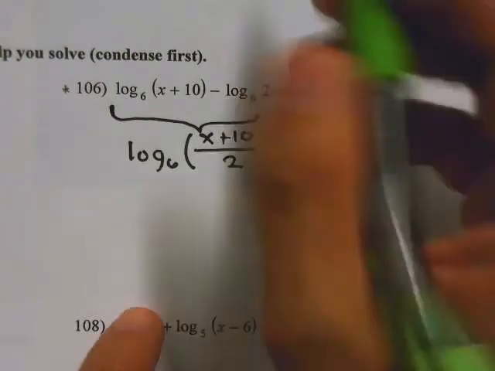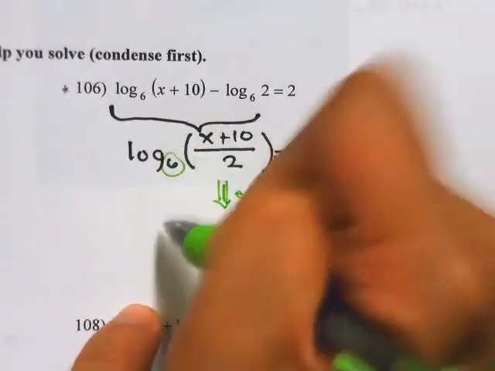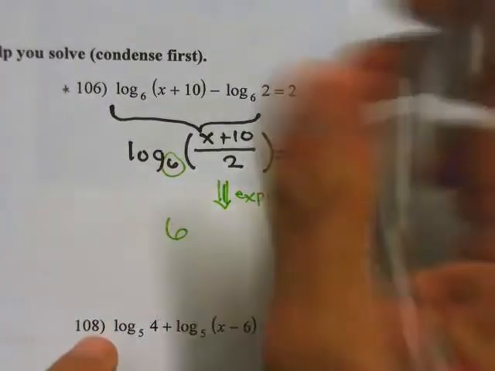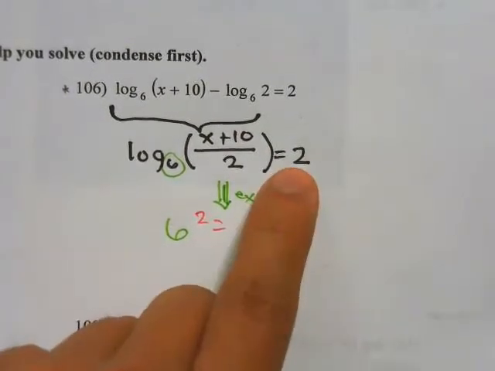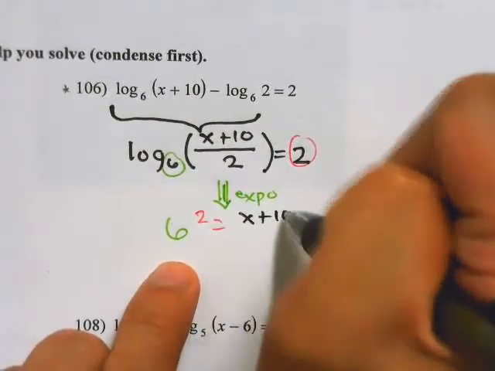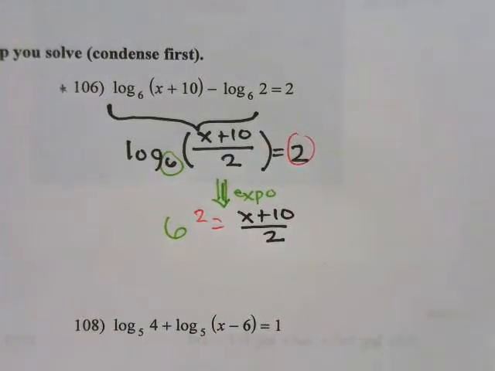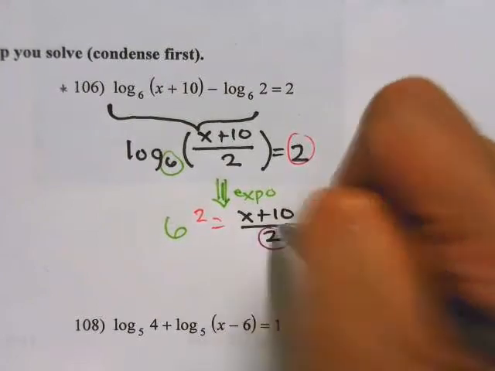Now we can change this into exponential form. 6 to the second power, which is this over here, is equal to the argument x plus 10 over 2. Let's solve for x. We're just going to times 2 on both sides now to get rid of this.